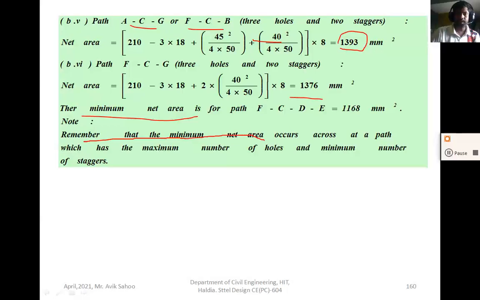So remember that the minimum net area occurs across a path which has the maximum number of holes and minimum number of stagger.